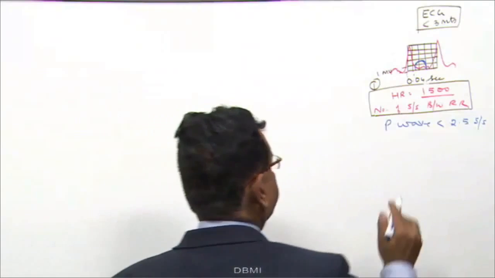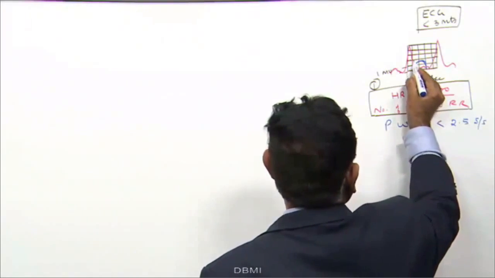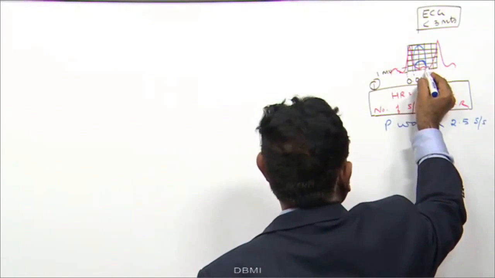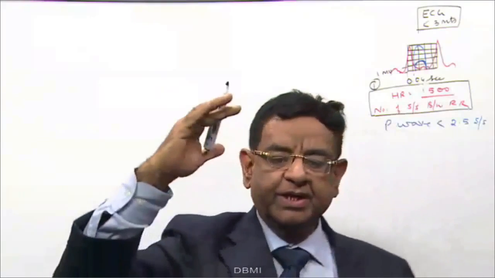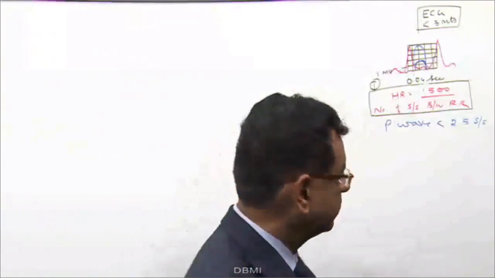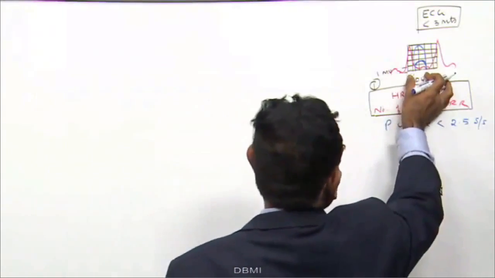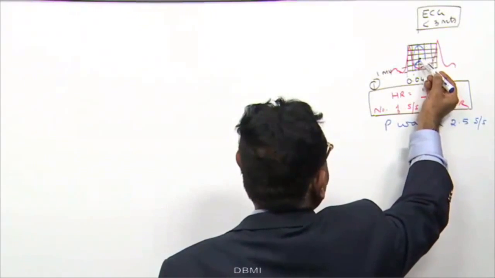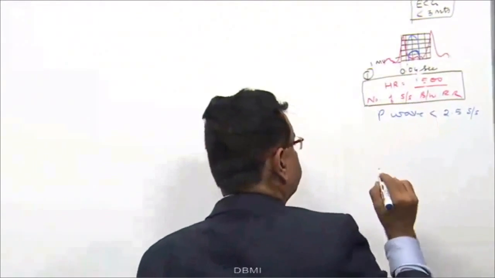And if you get a P wave like this, a tall P wave, look, width is normal, but how tall is the height? 1, 2, 3, 4, 4.5, tall P wave.